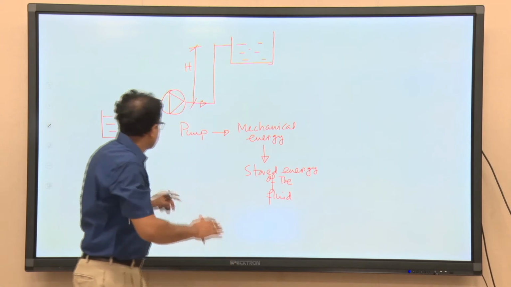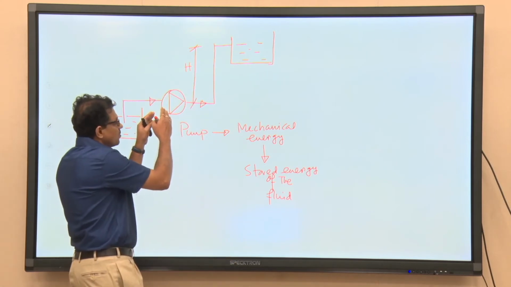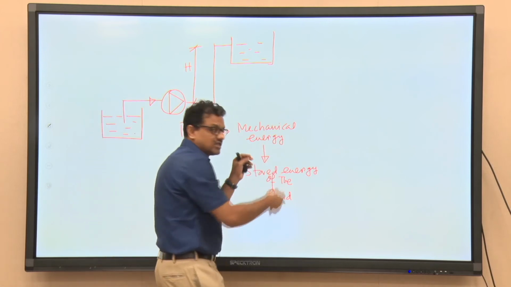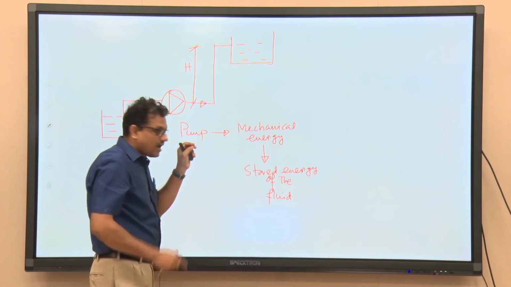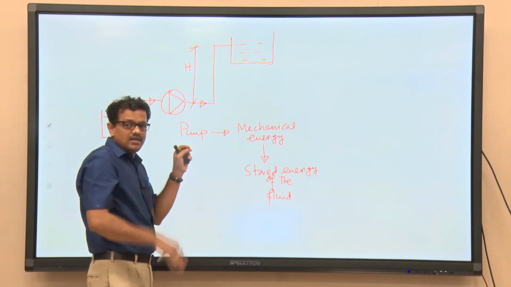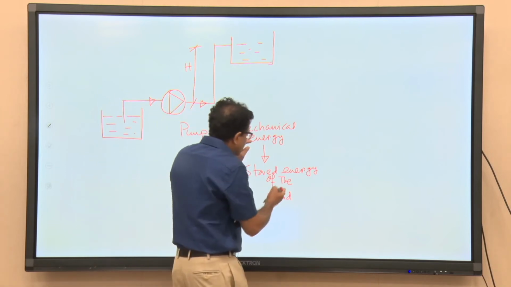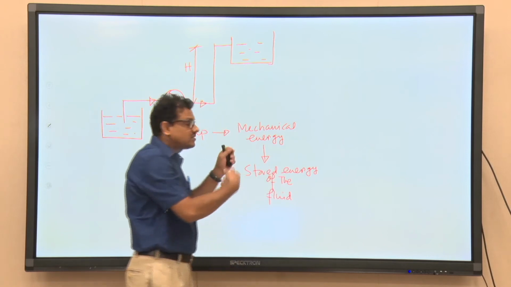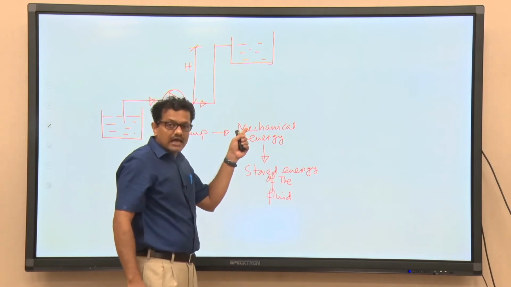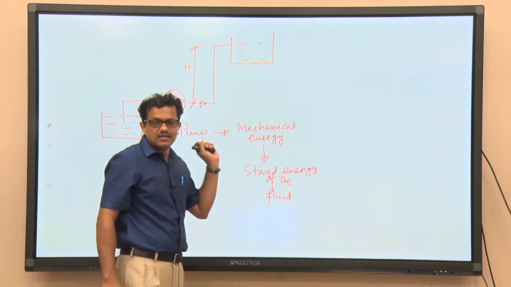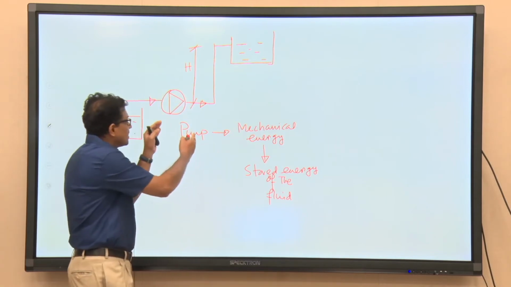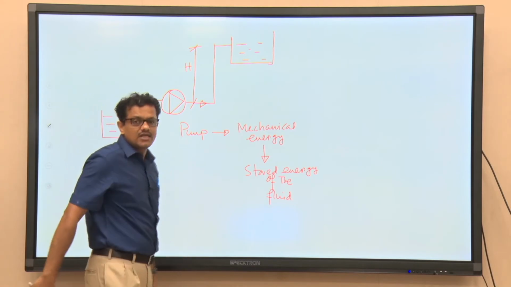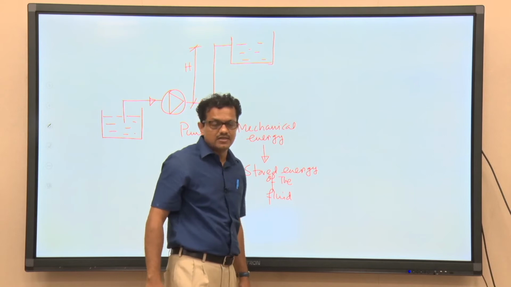So, that means using a pump, what we are doing? We are converting mechanical energy to increase the stored energy of the fluid. I am now asking, is it possible the reverse? That means the stored energy of the fluid will be utilized to convert into mechanical energy. That means the mechanical energy, that is nothing but the rotation, the kinetic energy of the rotating part of the device or a machine.